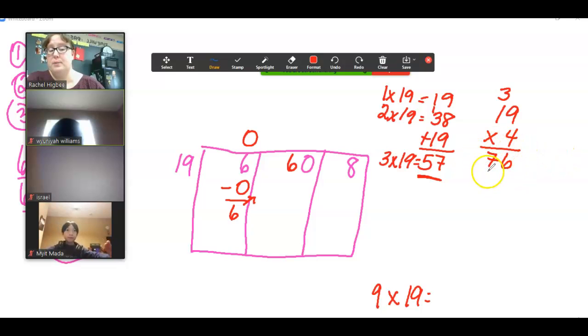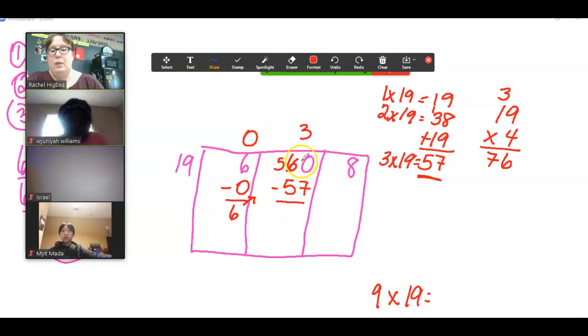That's 76. So it's really 3 groups here. And then I take away, well, excuse me, I have to multiply first. So the 3 times 19 is 57, and I take that away. And I'm left with 3.